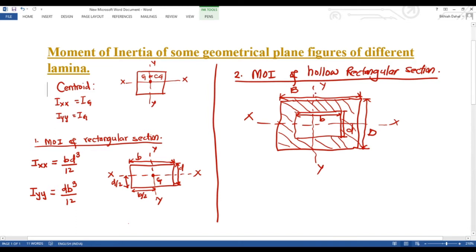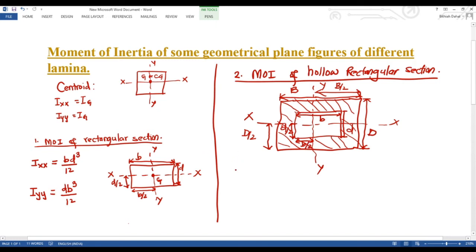From this axis I have exact half, which is B by 2, and for the outer rectangle D by 2. Similarly, for the inner part, from here to here it is d by 2 and b by 2.